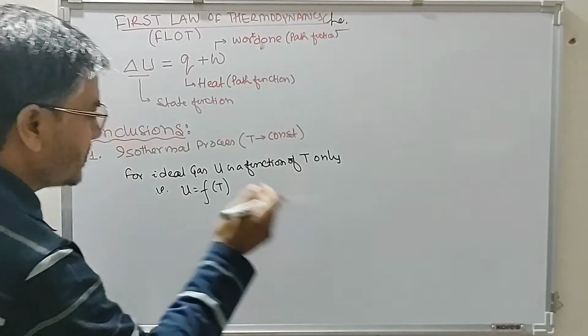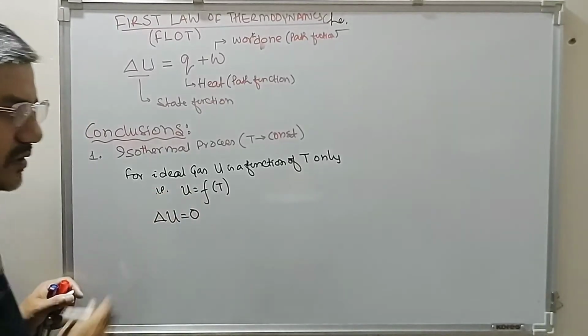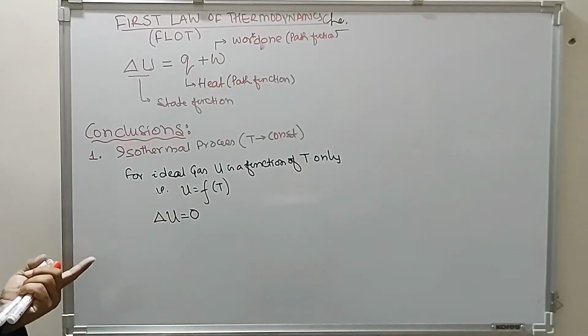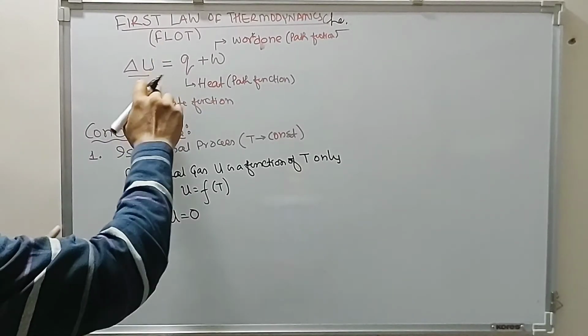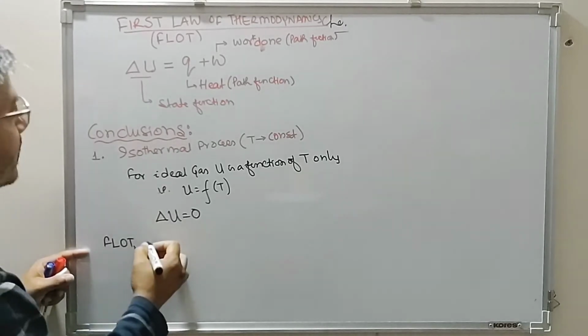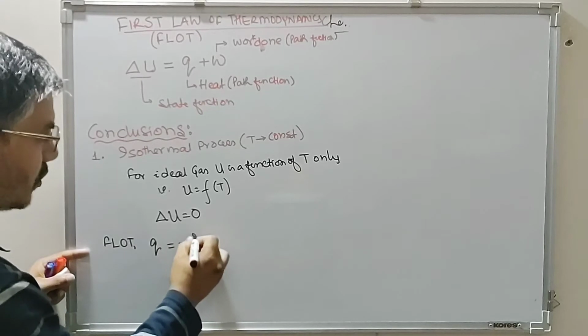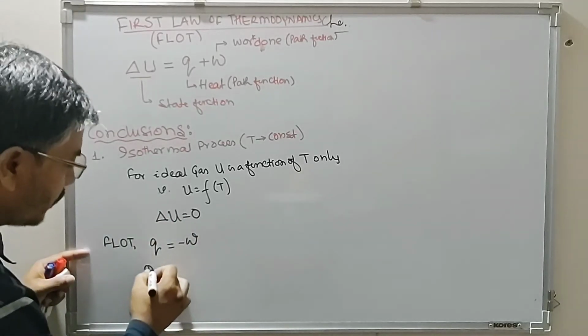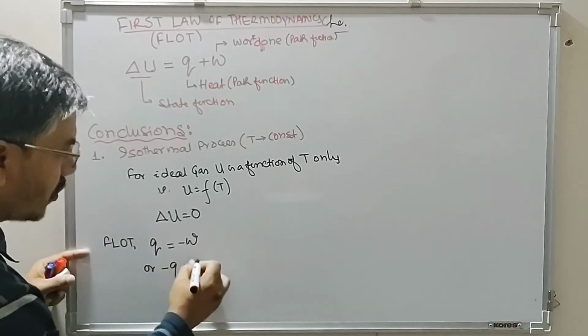So if temperature remains constant, then delta U will be 0. If delta U is 0 for an isothermal process involving ideal gas, then from the first law of thermodynamics we have Q is equal to minus work done, or we can say minus Q is equal to work done.